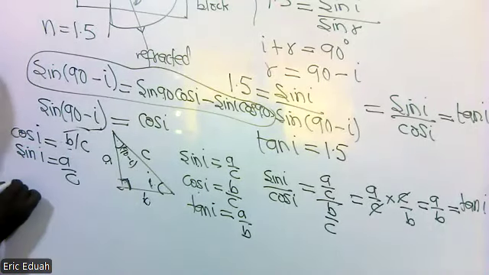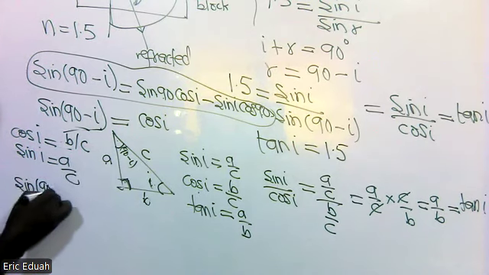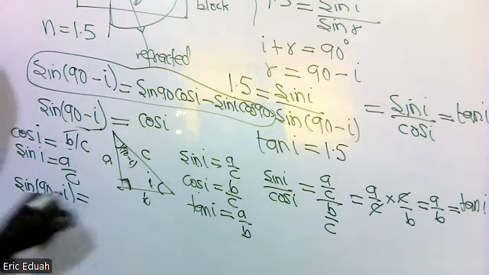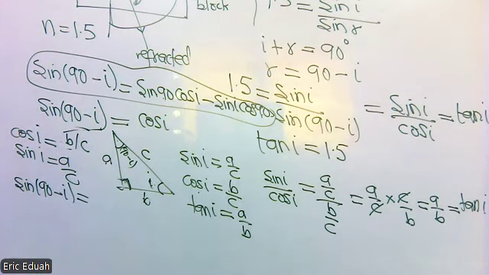From the same diagram, let's extract sine of 90 minus I. What will be sine of 90 minus I?